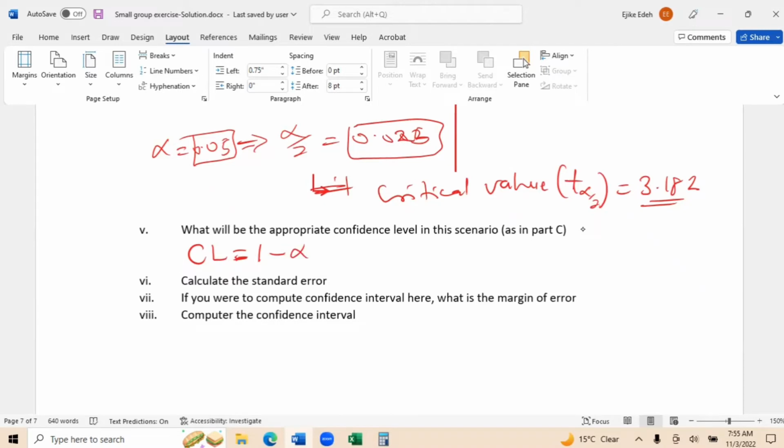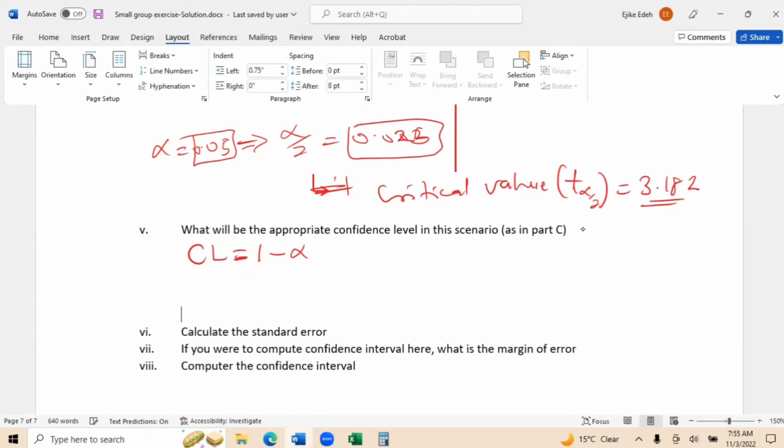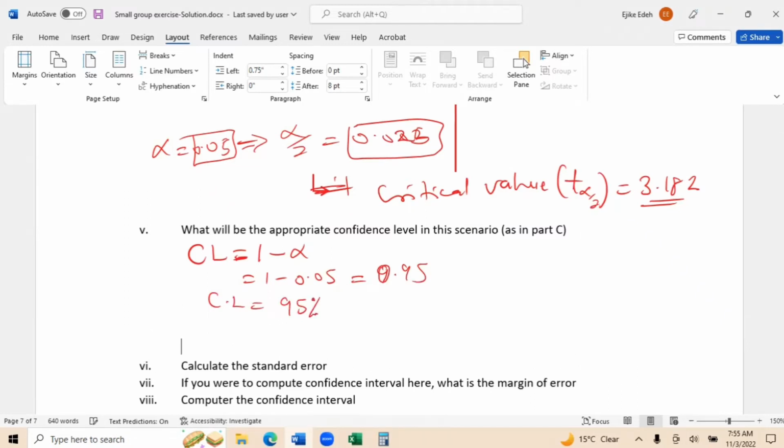So our confidence level here will be 1 minus 0.05, and this is equal to 0.95. Okay, so essentially our confidence level is 95%. That's the confidence level we are using for this calculation, given the alpha that we got.